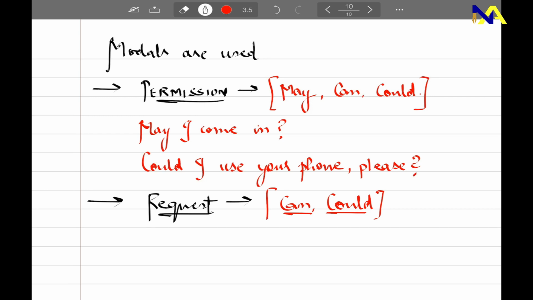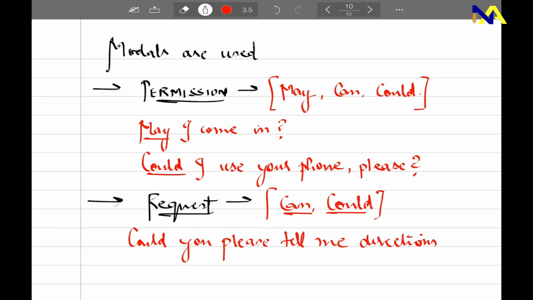For example, again, if you wish to use could, and you're asking for some directions, could you please tell me directions to Sahara metro station? Here again, for a very polite request, you use could.